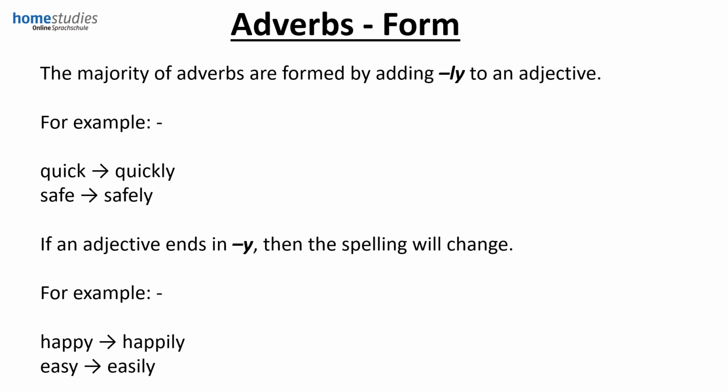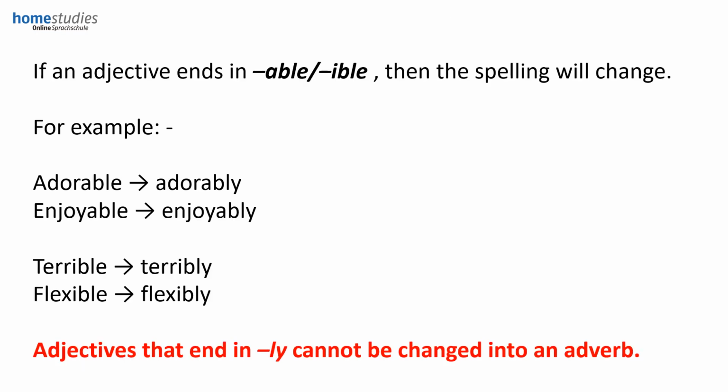Now, if an adjective ends in just y, then the spelling will change. For example, happy will become happily. Easy becomes easily. Let's have a look at some more spelling changes. So if an adjective ends in able or ible, then it changes again.